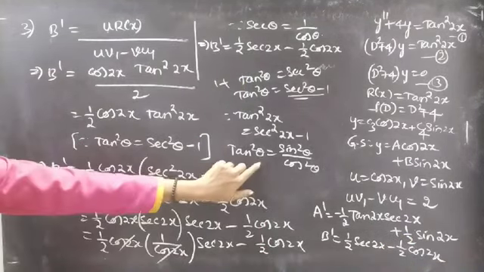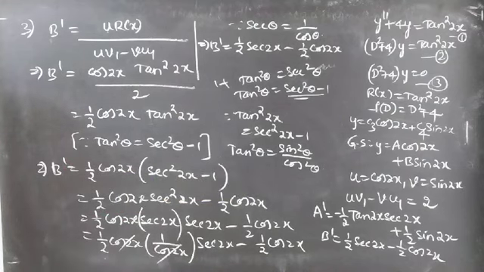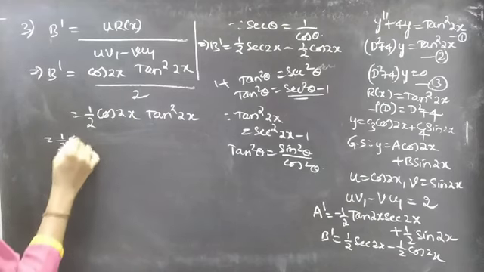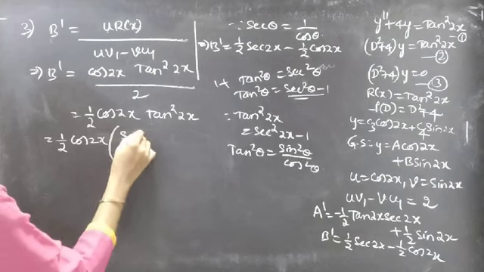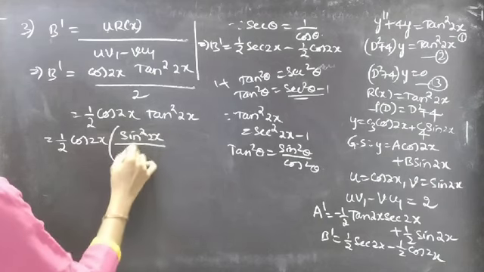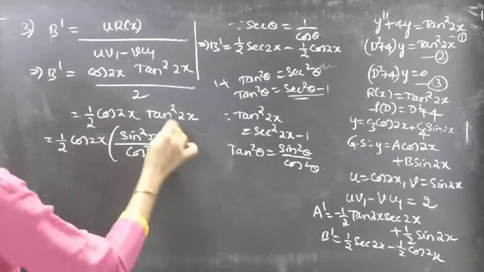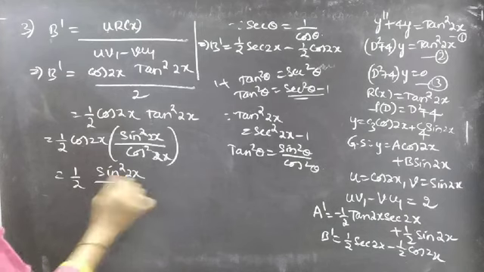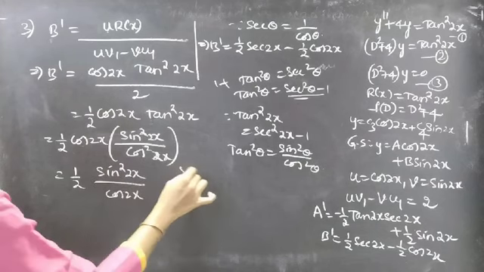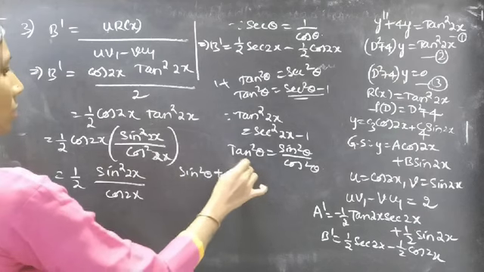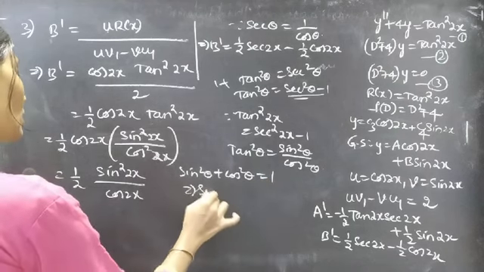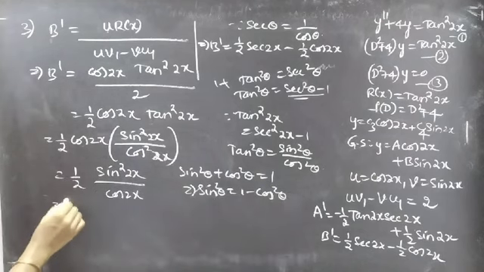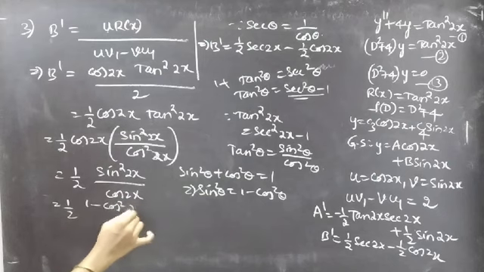So let's see for sin square theta by cos square theta also. I'll just do it. This equals 1 by 2 into cos 2x into sin square 2x by cos square 2x. If one cos 2x gets cancelled, we'll get 1 by 2 into sin square 2x by cos 2x. Since sin square theta plus cos square theta equals 1, from this we'll get sin square theta equal to 1 minus cos square theta. So let's replace sin square 2x with 1 minus cos square 2x.